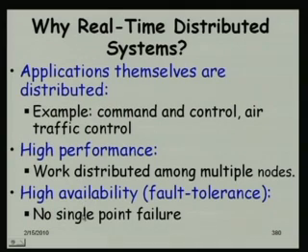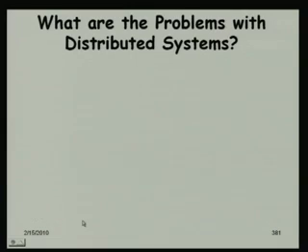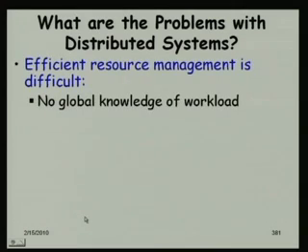Whereas in a uniprocessor, if the processor fails, the system fails, a single point failure can occur. But before we look at the distributed systems, let us also understand what the problems with the distributed systems are.